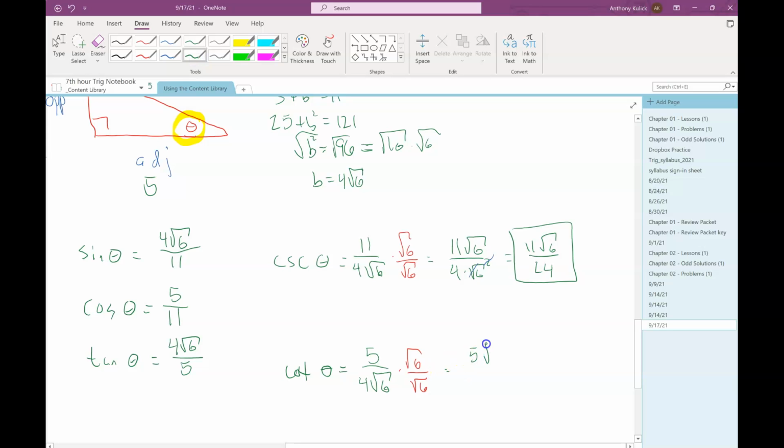So the top I have 5 root 6. And the bottom I have 4 times square root 6 squared. The squared and square root cancel. Oops. So I have 5 root 6 over 4 times 6, which is 24. So those are my 5.